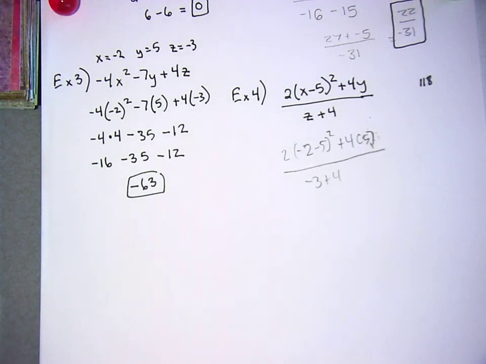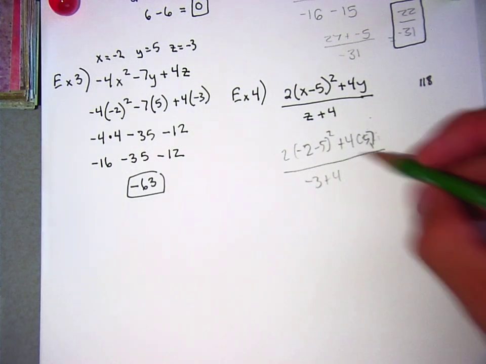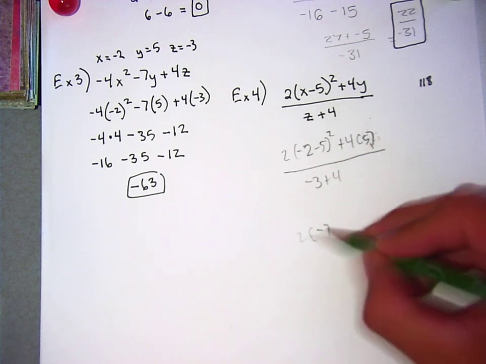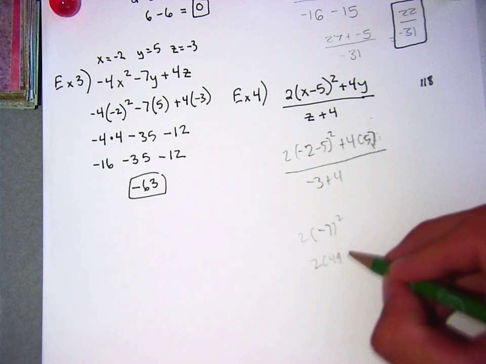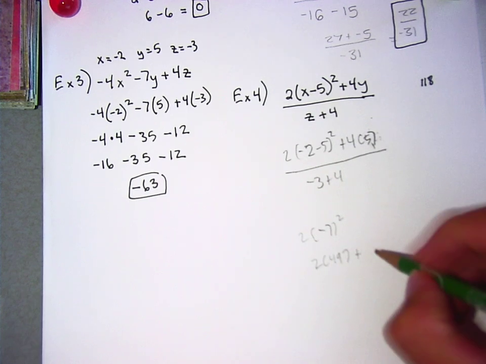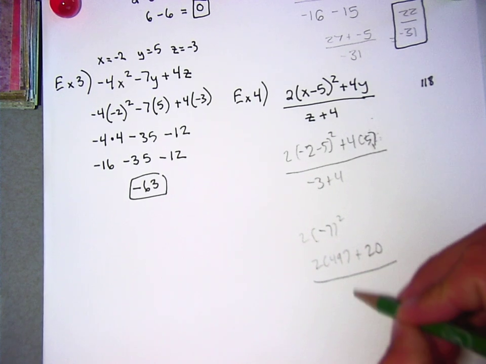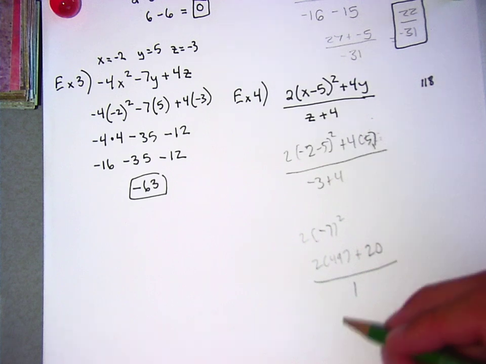Parentheses. Oh. Alright, keep going. Alright, so then we have negative 7, and then negative 7 squared is 49. Oh shoot. You can just write, okay, good, keep going, you're doing great. Yeah, let's go. Plus 20 over 1. Good. And then you can just put that in a calculator and you get 118.